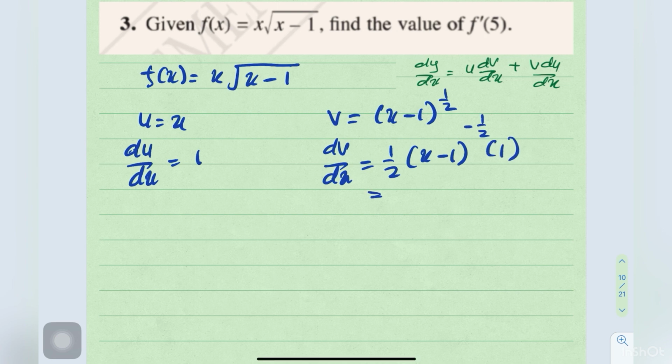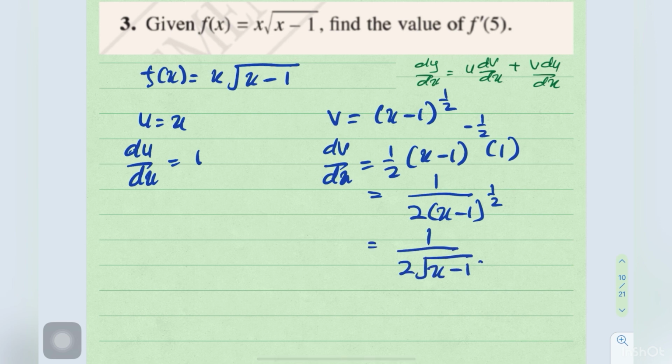Here we have 1 over 2 (x minus 1) to the power of 1 over 2, or 1 over 2 square root of x minus 1.